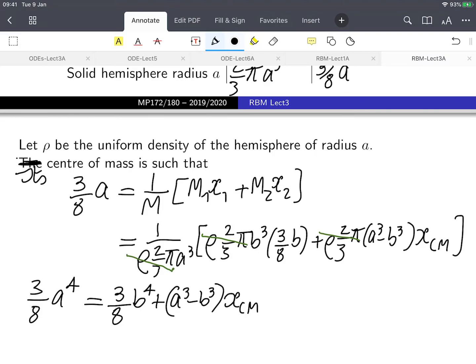So now I can find XCM. XCM is going to be 3/8 A4.